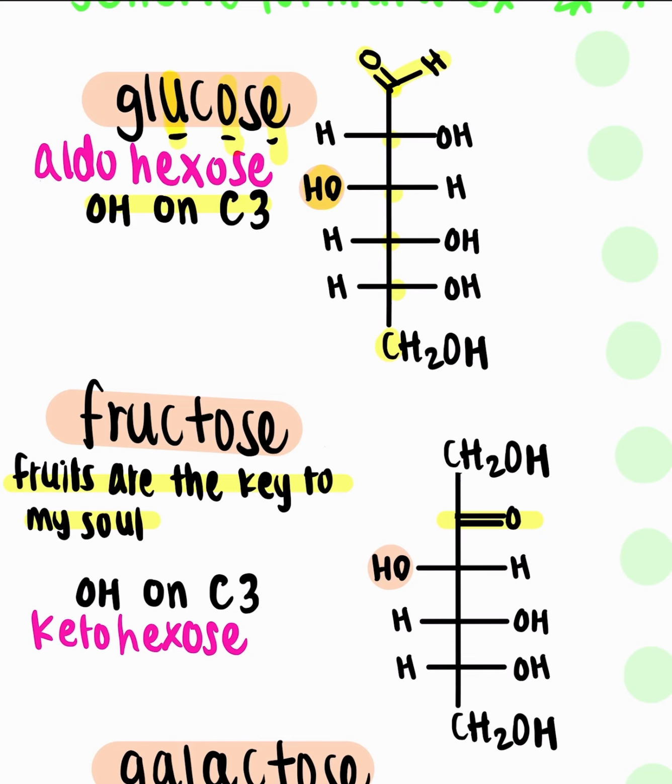So it's the same exact structure, except instead of an aldehyde, you have a ketone. So again, all the OHs are on the right, except for this one that's on the 3rd carbon. That's why I said if you remember glucose, fructose is super easy. So it's a ketohexose. And again, the OH is on carbon 3.